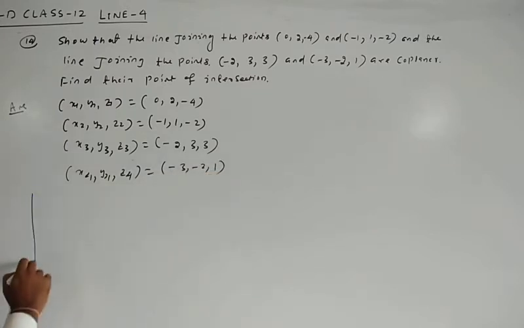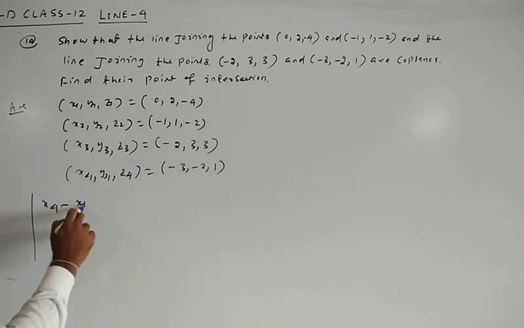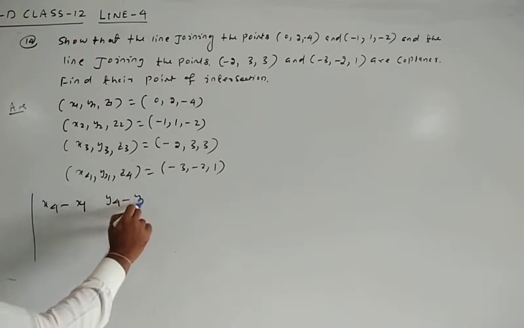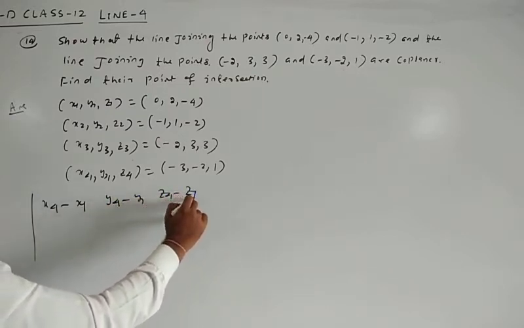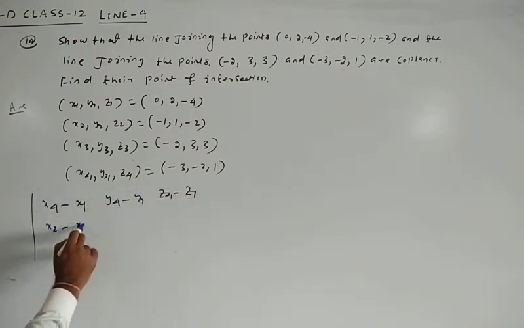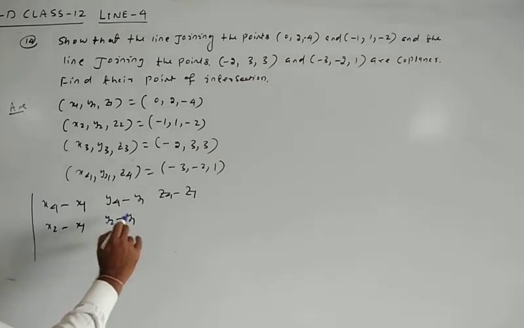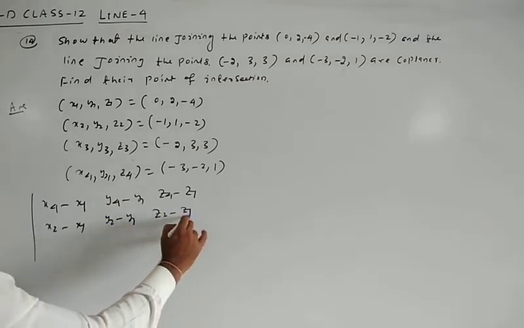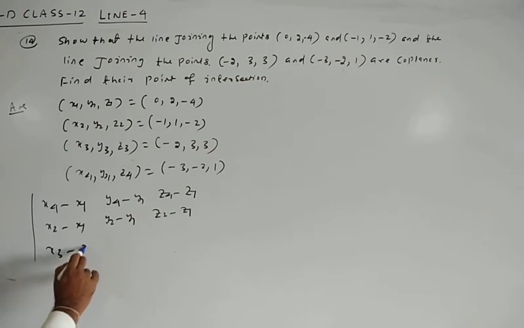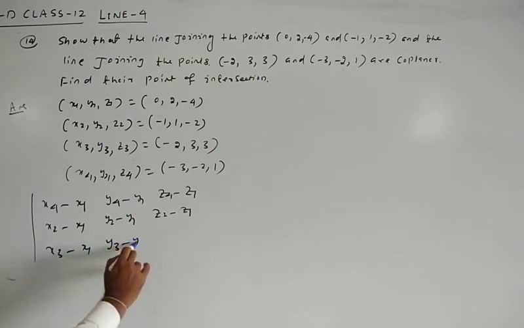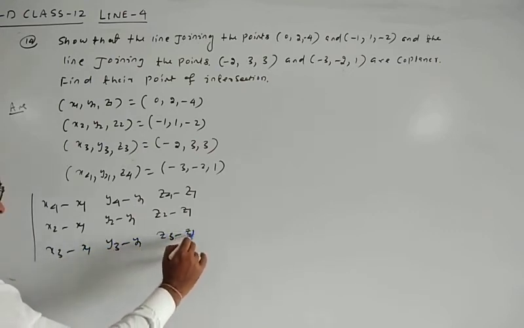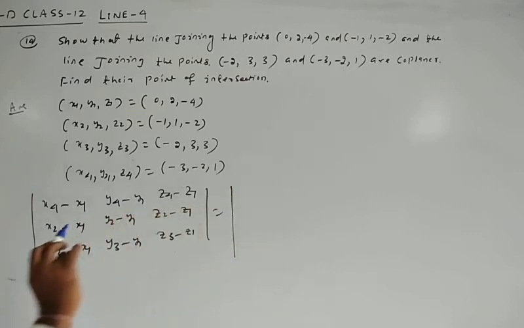So the determinant: x4 minus x1, y4 minus y1, z4 minus z1, then x2 minus x1, y2 minus y1, z2 minus z1, then x3 minus x1, y3 minus y1 and z3 minus z1.